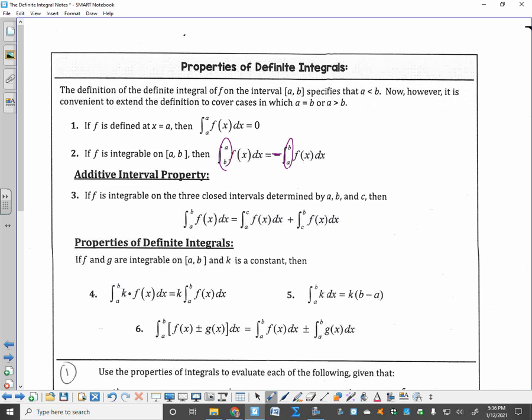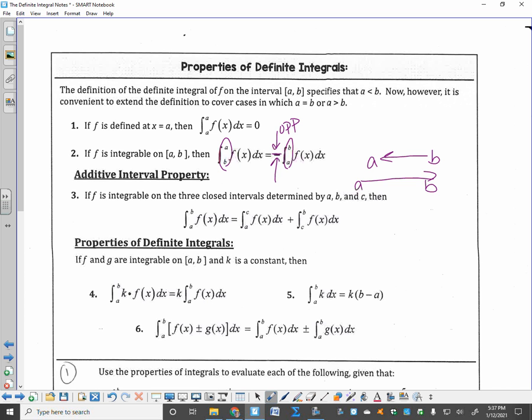And we did that. When you roll this way, it's going to make negative areas positive, it's going to do the opposite. So we want to roll from smaller to bigger. But when we roll from bigger to smaller, you have that negative on there because you're rolling the wrong way.